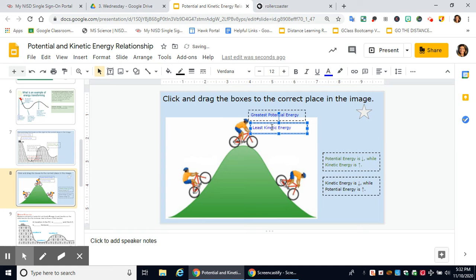He's at the tippy top of the hill. The greatest gravitational potential energy, because gravity can pull him down. Now here, he's halfway up the hill and halfway down the hill. So if he's going uphill, he's going to lose his kinetic and gain potential.